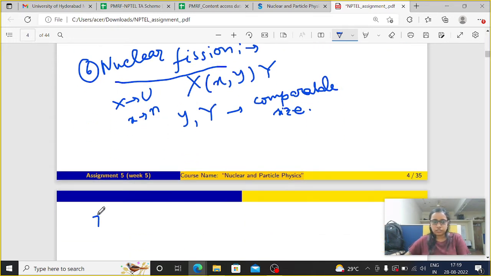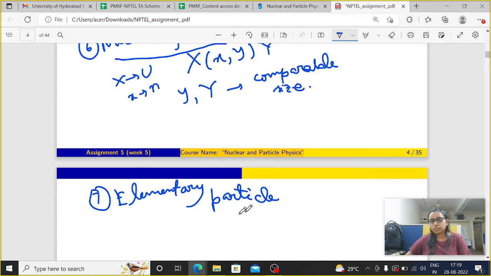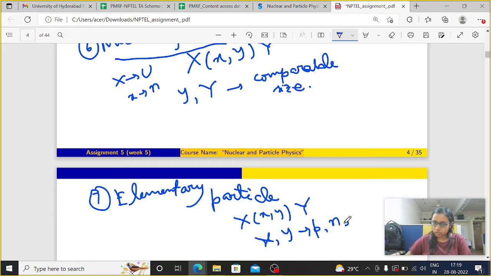Then the seventh one may be the elementary particle reaction. In that, the same expression will be there, but it may be possible that small x, small y will be a proton or neutron, something like that, and also only one alpha particle.